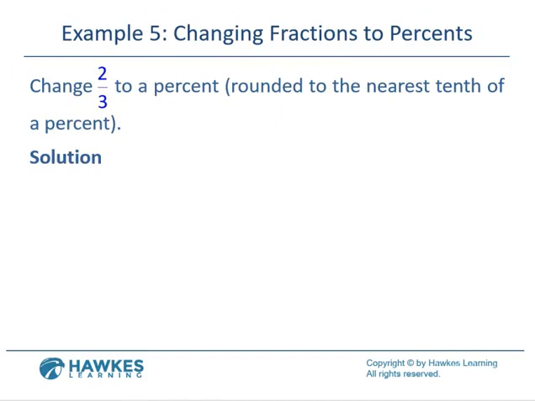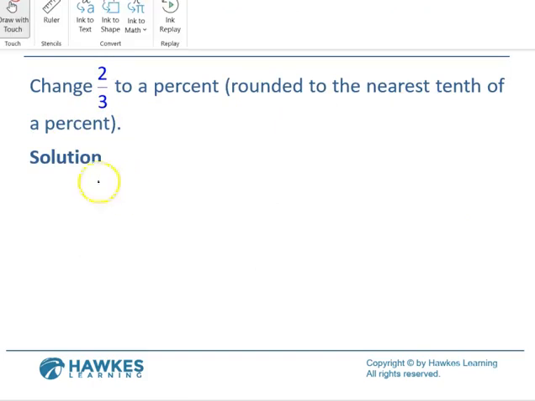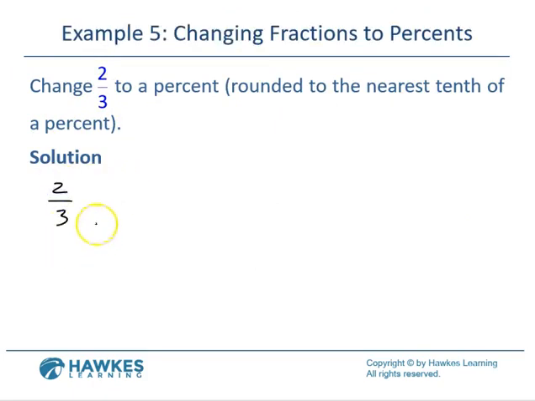Doing one more here, we're going to change 2/3 to a percent, rounded to the nearest tenth of a percent. Okay, let me get my pen out. Let's write this down. I got 2/3, and whenever I put that on my calculator, I get 0.666, and that's just going to keep repeating, going off to infinity. If I multiply this by 100, I can move this decimal place over, and that's going to give me 66 point 666, and we don't want that.